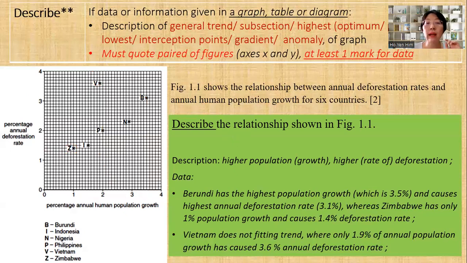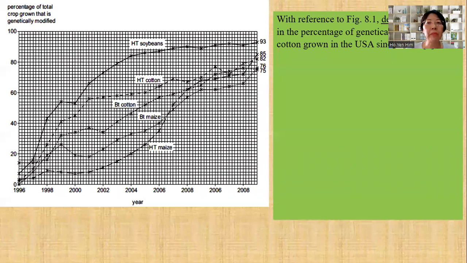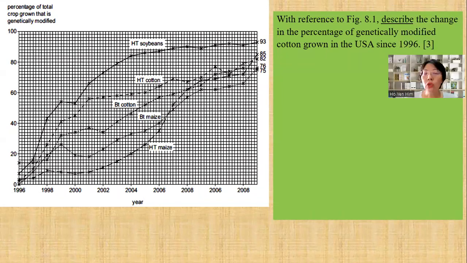Remember, quote the figures. Now this is another example here. So shall we do this question also? Let's do it. With reference to the figure, describe the change in the percentage of genetically modified cotton grown in the US since 1996. They are only concerned about cotton, so you're going to look at HT cotton and BT cotton.